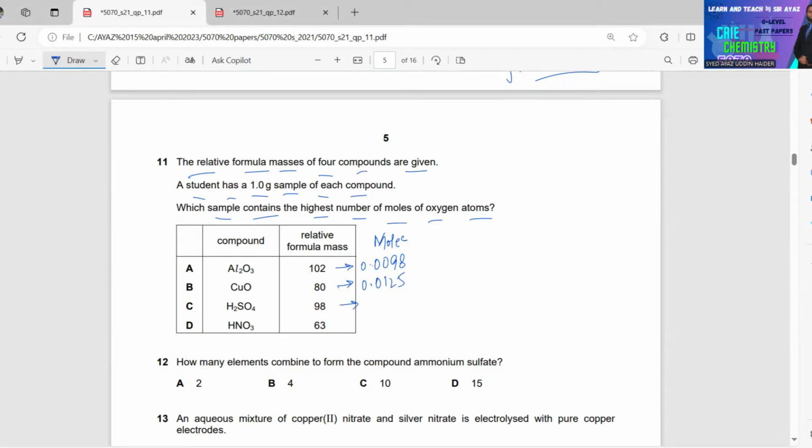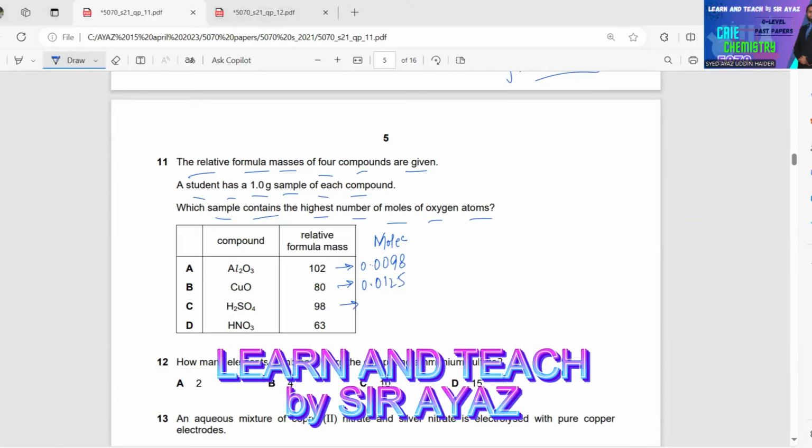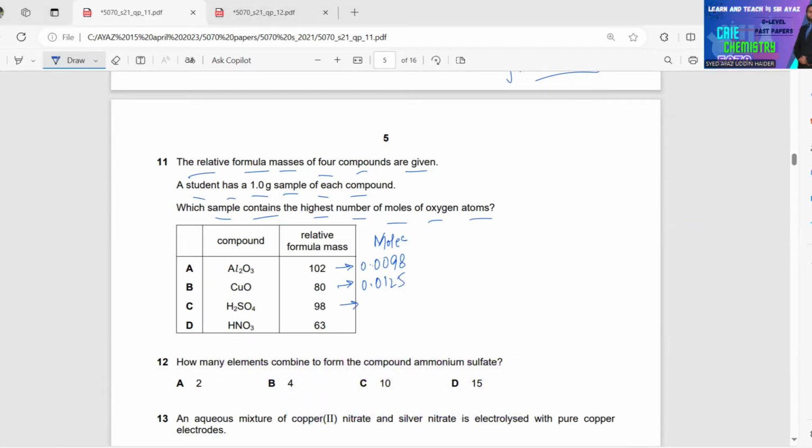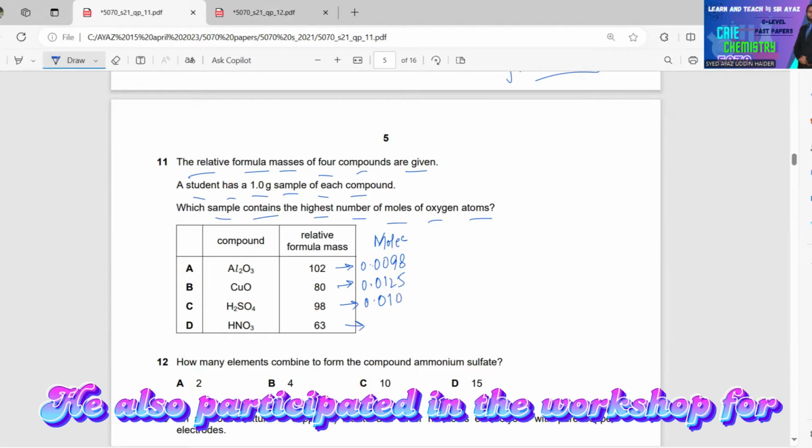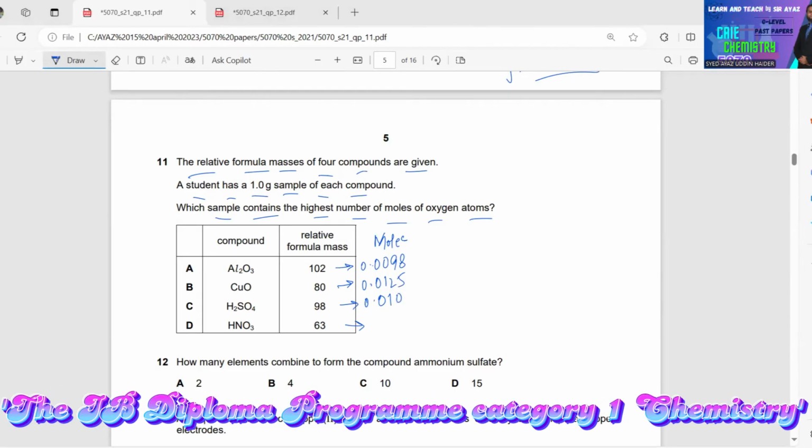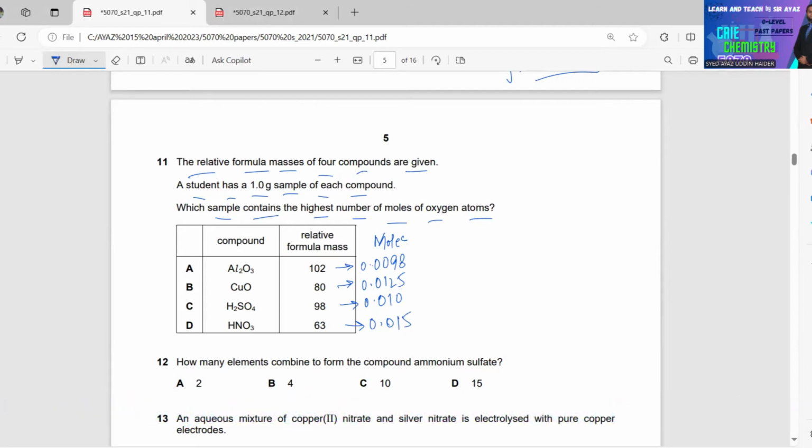What about H2SO4? 0.010. What about HNO3? 1 divided by 63. It is 0.015.